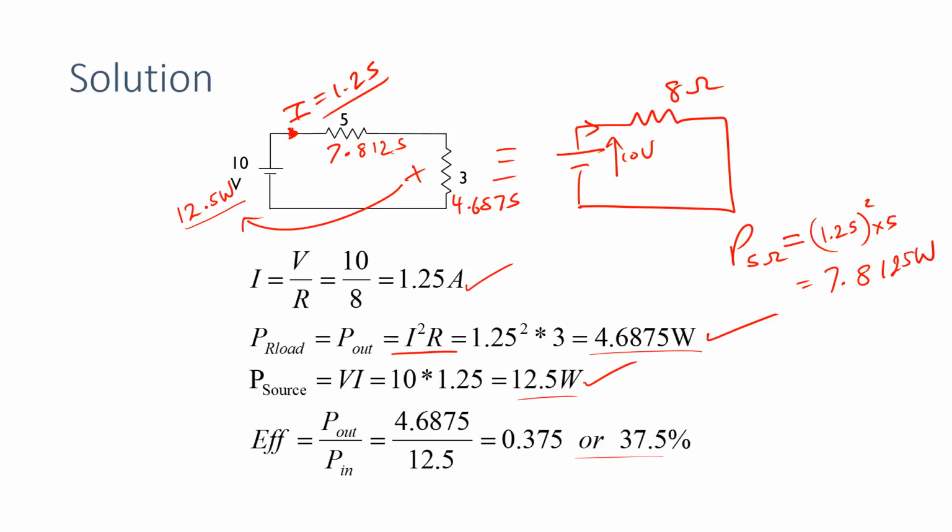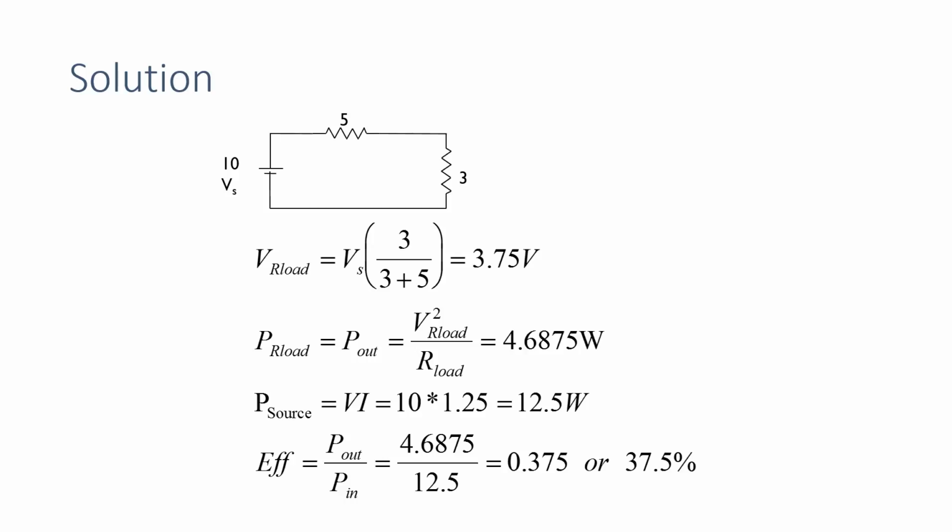So that was using currents to figure it out. We could also utilize voltages to figure it out, and here we're going to use P is equal to V squared on R. So what is the voltage across the 3 ohm resistor? We could use our voltage divider equation, and we could say that the voltage across here is 10 multiplied by 3 on 8, which gives us 3.75 volts.